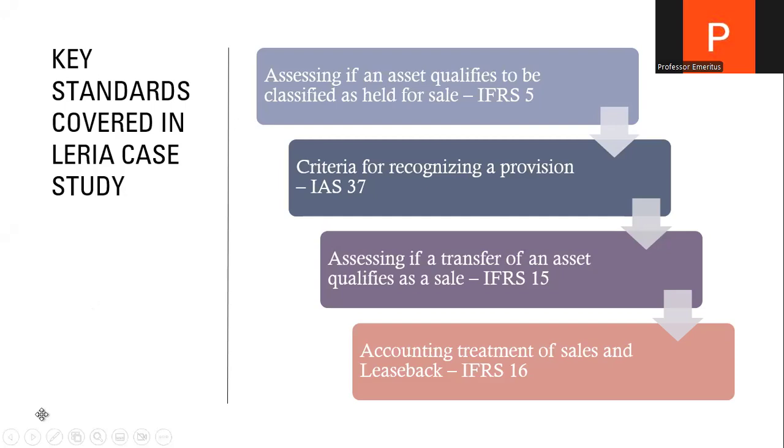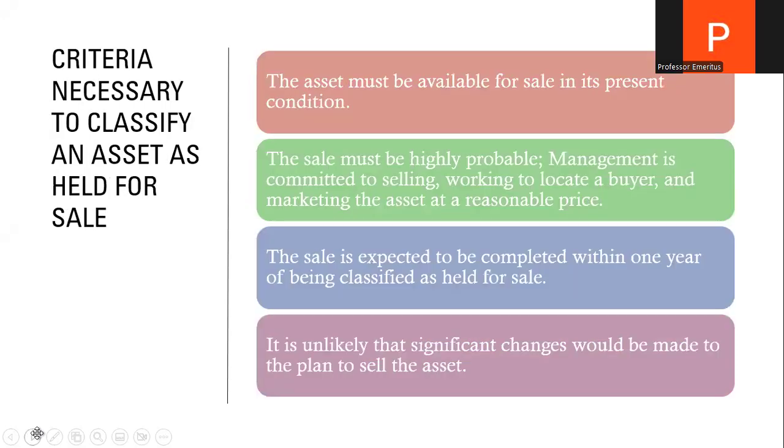Before we can answer yes or no, we need to start our discussion by looking at what are the recognition criteria for an asset to be classified as held for sale. Number one, the asset must be available for sale in its present condition, and the sale of the asset must be highly probable. That means that management is committed to selling, they are working to locate a buyer, and the asset is being marketed at a reasonable price.